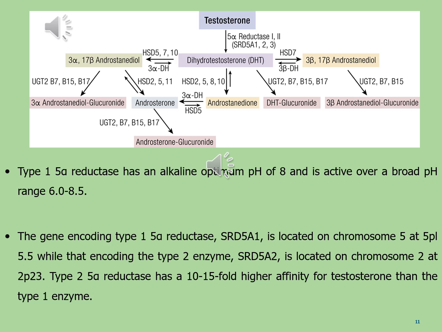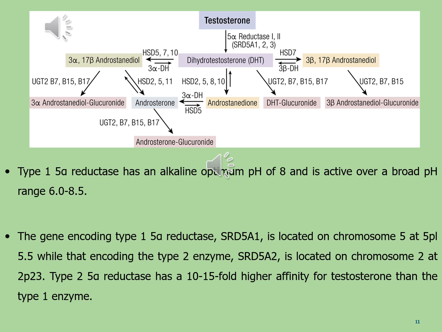You can see over here in the second step 3-beta 17-beta androstanediol, which is a steroid which is derived from dihydrotestosterone by the effect of HSD7, that is 3-beta HSD.